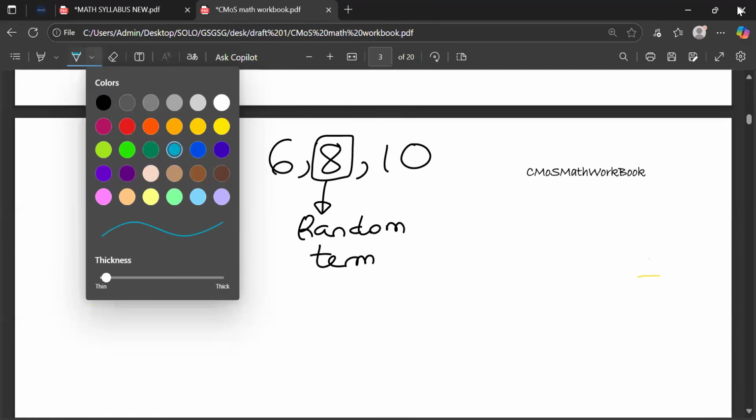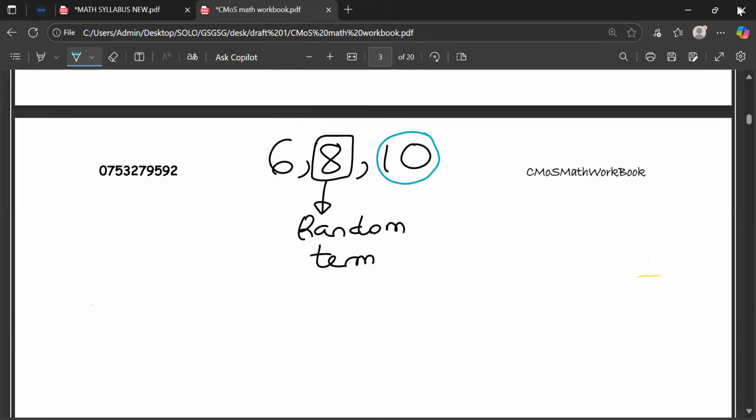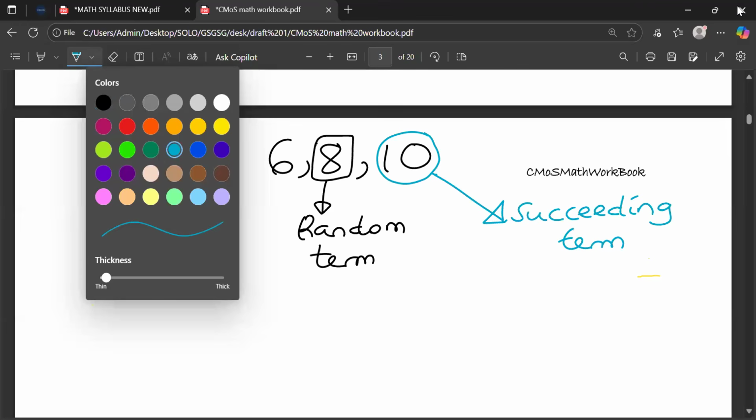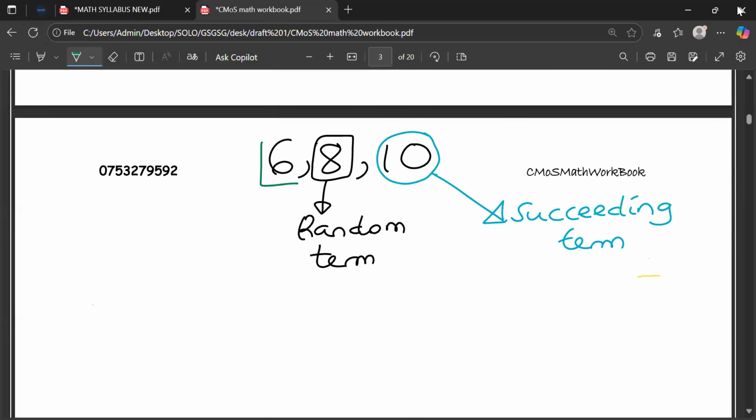We have said this term that usually comes after any term you've chosen is like a successor because it is coming after, so we are calling it the succeeding term. Then how do I call this one that is below our random term? In simple terms, what is the opposite of succeeding?